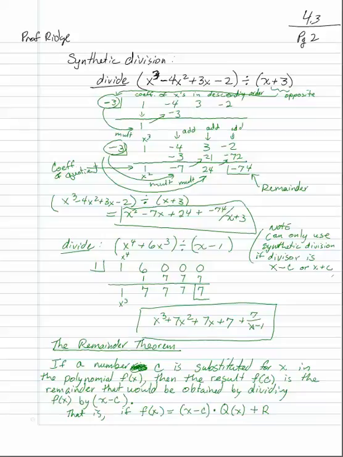So if f of x equals the divisor x minus c times q of x plus r, then r, the remainder, is equal to the same thing as plugging c into f and working it out. Okay? So that has some nice results for us.